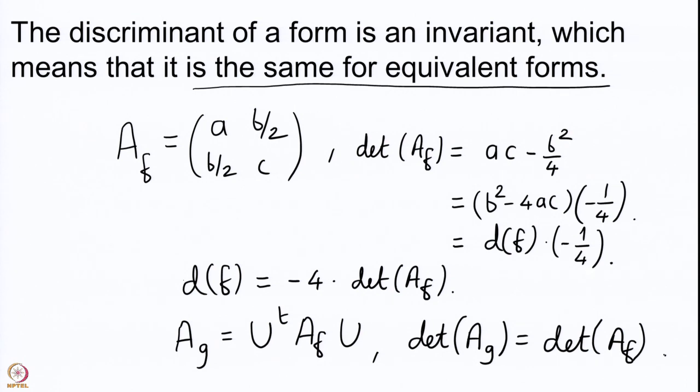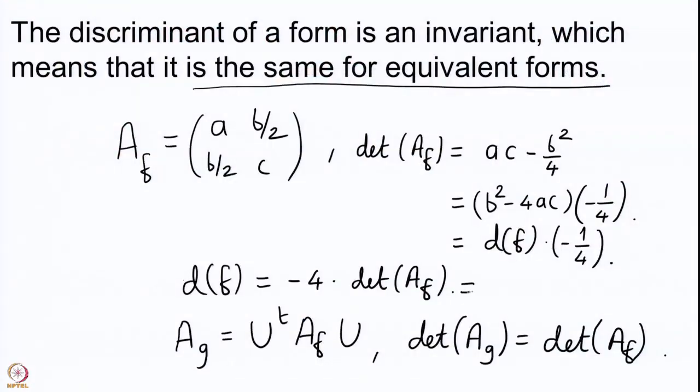This is because U has determinant 1. So, there is no change in the values of the determinants of AF and AG, and once there is no change in the determinants, the discriminant values are also going to be the same.